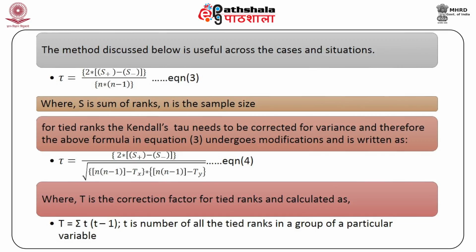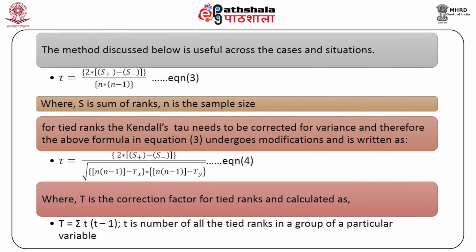Tau is equal to 2 into (S plus minus S minus) the whole divided by n into (n minus 1). This is equation 3 that gives us the value of tau whenever numerical substitution is made. In this equation, S is the sum of ranks and n is the sample size.